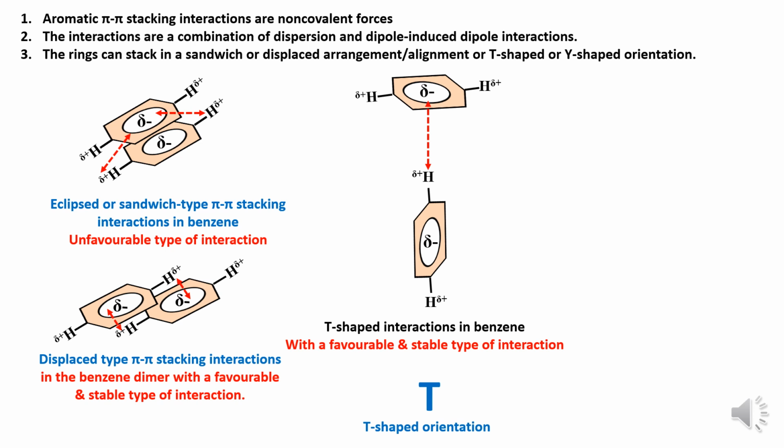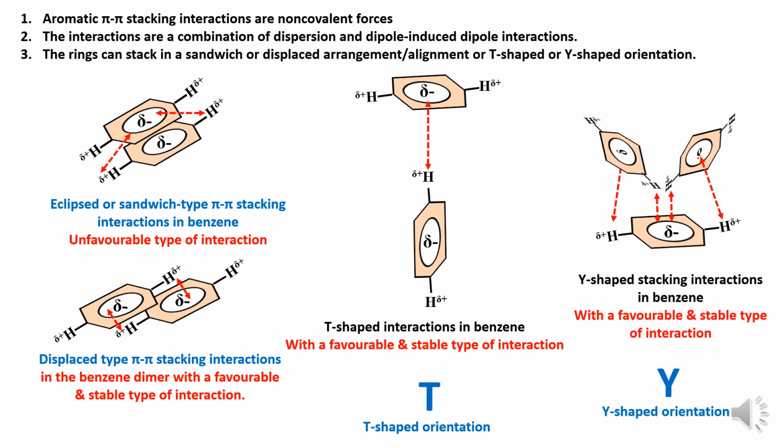This is also a favorable and stable type of interaction, a perpendicular interaction between the two benzene rings. And the last type of interaction is the Y-shaped orientation. In Y-shaped stacking interactions in the benzene dimer, you will find a favorable and stable interaction.